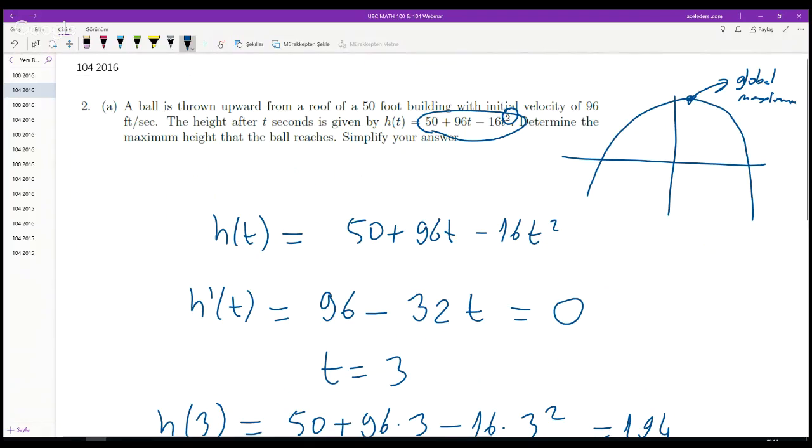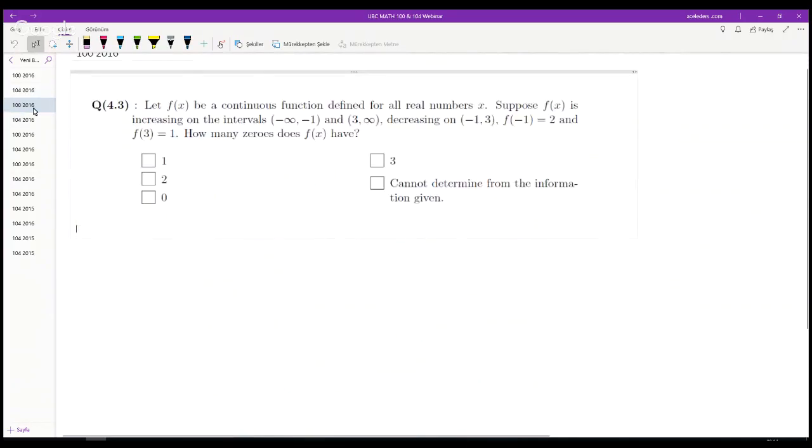Okay? Is that clear? So we have a continuous function defined for all real numbers. Suppose f(x) is increasing on the intervals from negative infinity to minus 1, and from 3 to positive infinity.